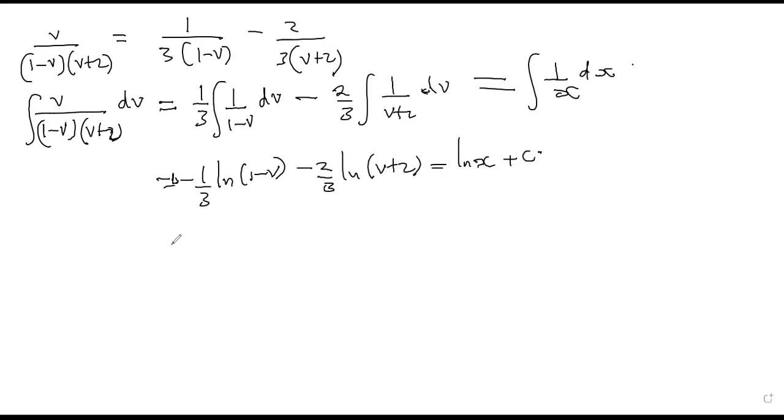So it means that negative a third ln of 1 minus v, then this one here, a third is out.